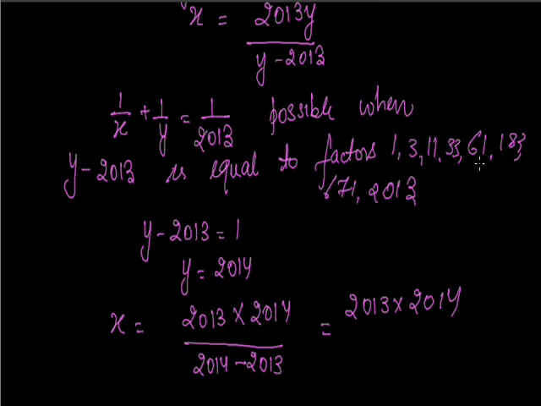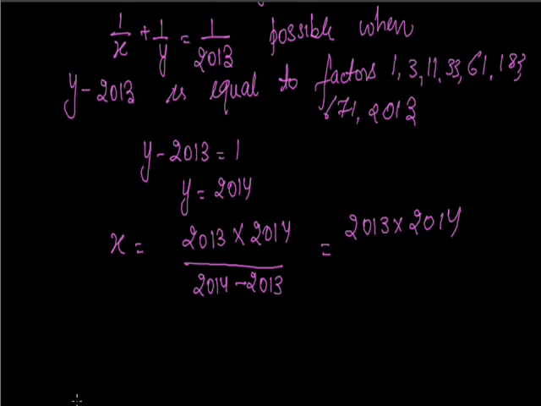Similarly, when y minus 2013 is equal to 3, then y will be 2016.